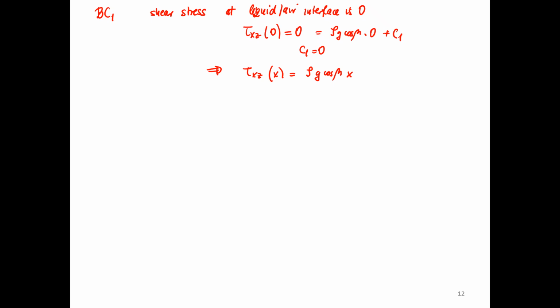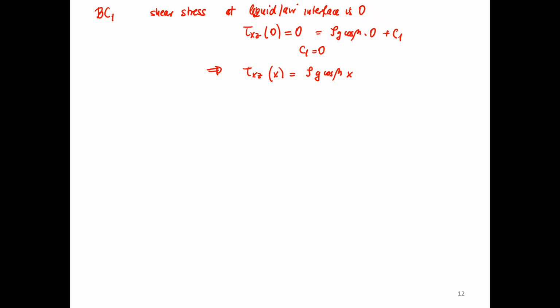So physically, in this particular situation, I have zero shear stress at my air interface, and it just linearly grows in the x direction until it meets the solid surface. And it's maximum on the solid surface, where liquid and solid are going against each other.